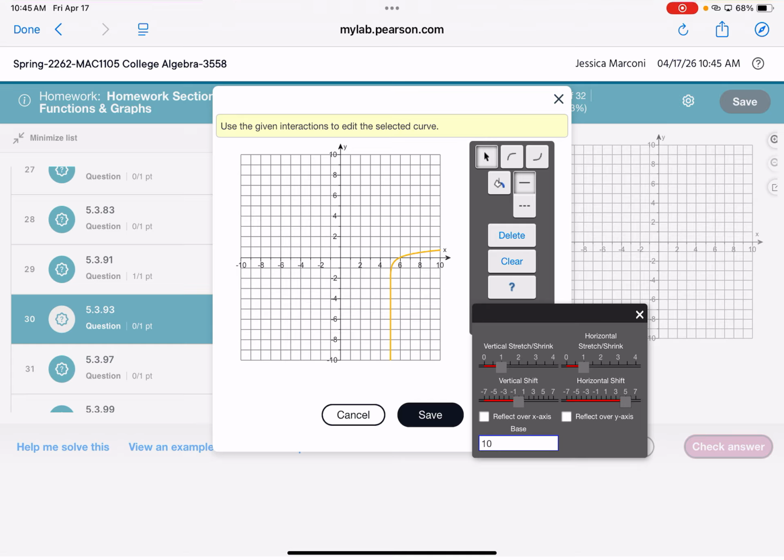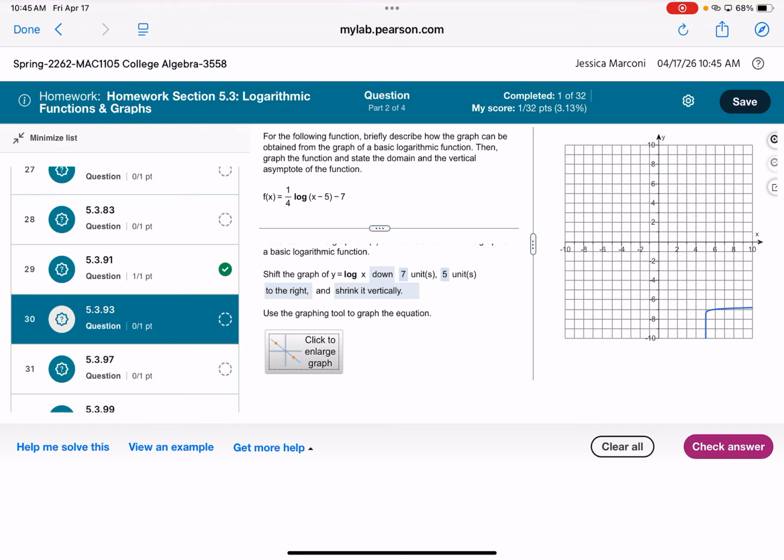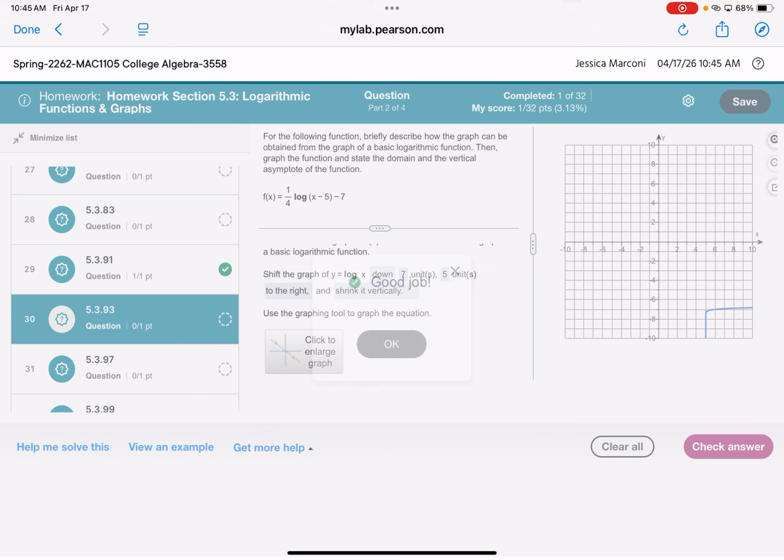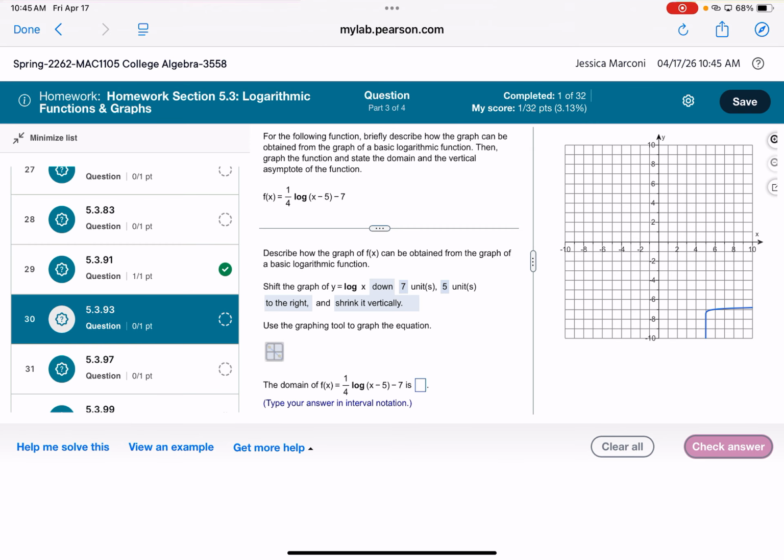So I need to move this to the decimal equivalent of 1/4, which is 0.25. And then I had a vertical shift down 7 units. So that'll look like that. The base is already base 10, which is what it should be because it was just a regular log. So I'll save, check, and that's correct.